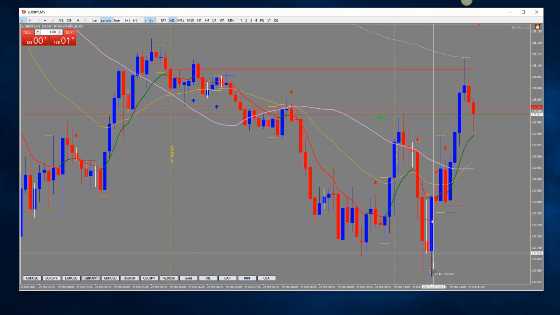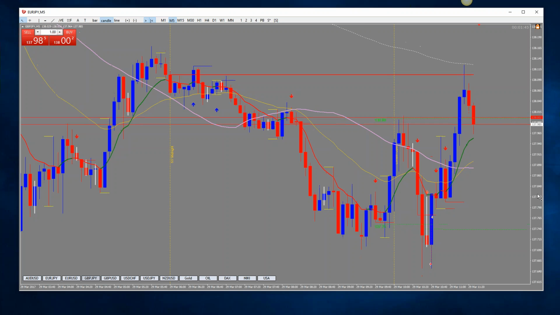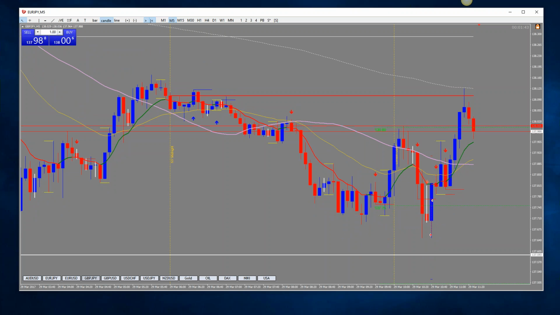Take profit was down here again. The only reason it didn't take the profit was because I wasn't really paying attention to the market. The market decided it wanted it right away on this one here. It went against me right away, actually, if I remember correctly. And so I pulled the plug.